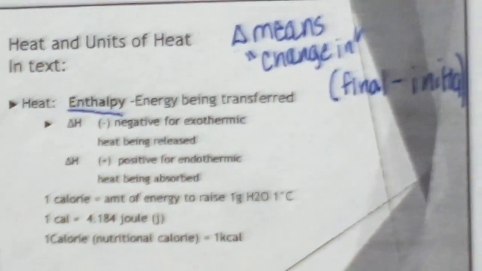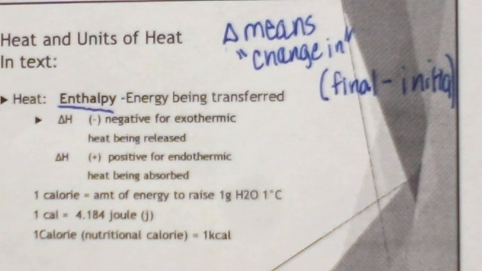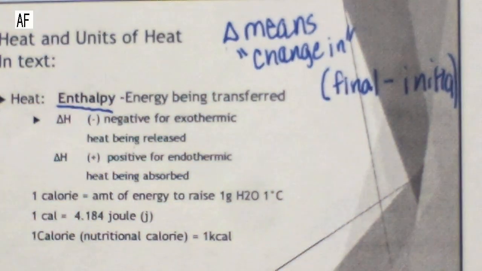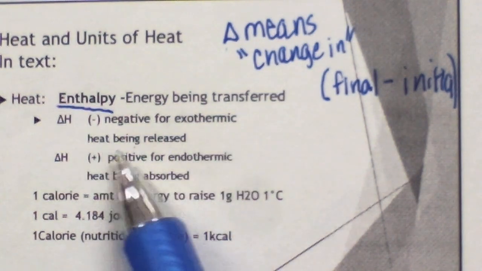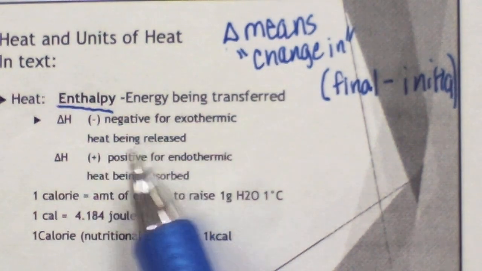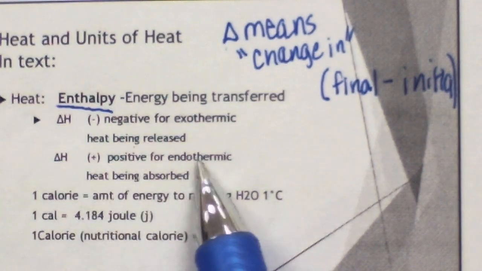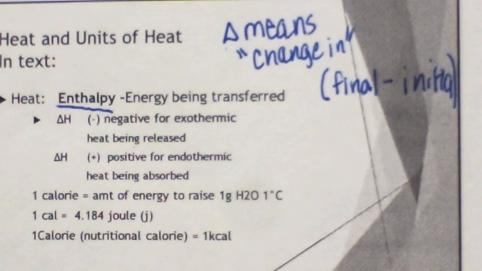So in other words, this is going to be the final enthalpy minus the initial enthalpy. Or change in temperature would be the final temperature minus the initial temperature. Now, enthalpy can be negative for exothermic, or when heat is being released, or it can be positive for endothermic, when heat is being absorbed.